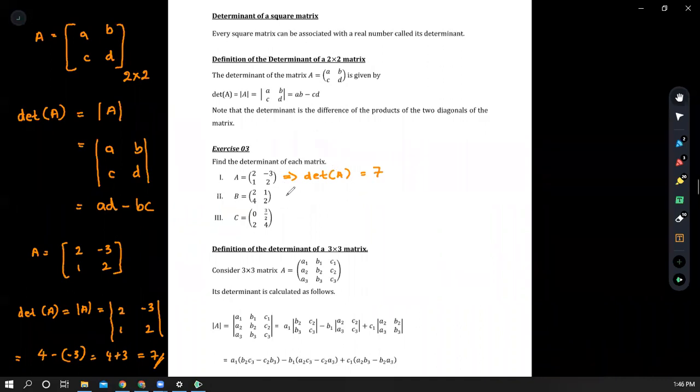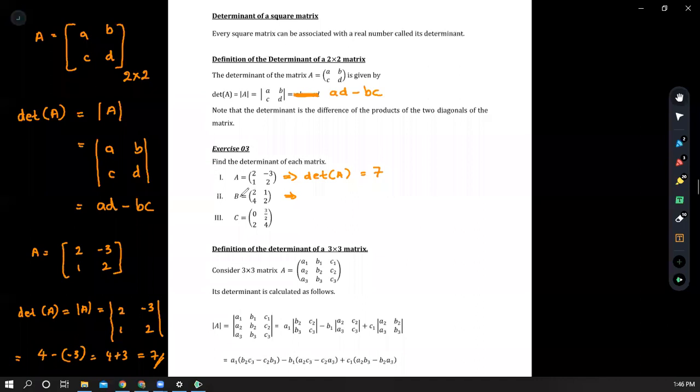Here I need to make a correction for the matrix B. This should be diagonal products, AD minus BC. This is AD minus BC.